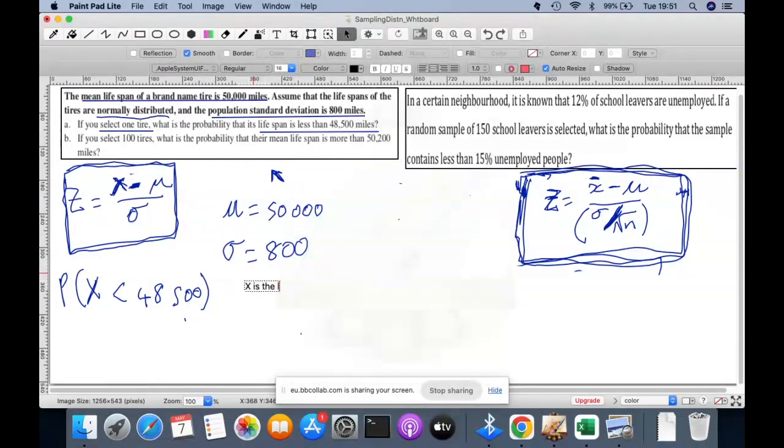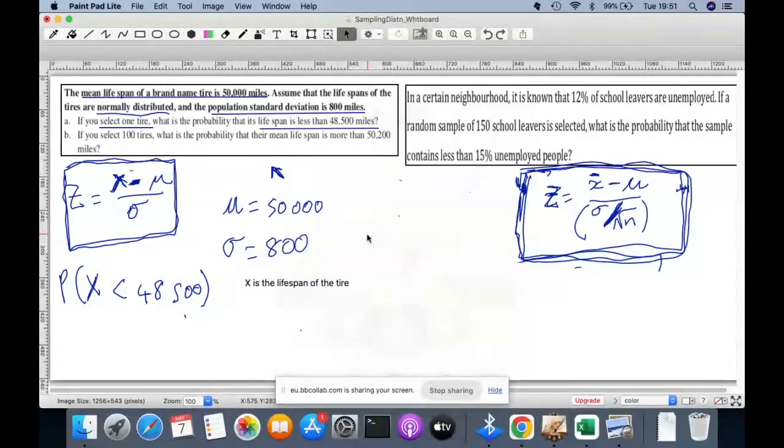X is the lifespan of the tire. All right, cool. So with this equation, which we need to solve, we can use this property to convert it to a z.